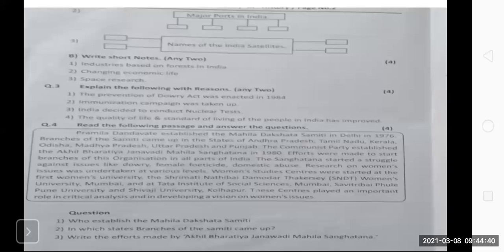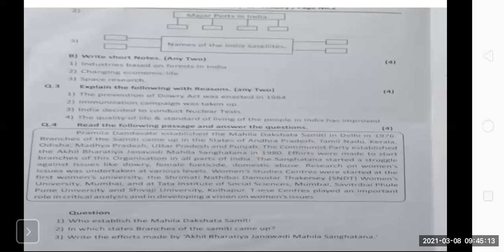In the B part, each carries 2 marks, which means we have to solve 2 questions, and the total marks from that question is 4. The question number 3 is also for 4 marks, and there will be 4 options and we have to solve any 2 options. Each question carries 2 marks, which means a total of 4 marks.